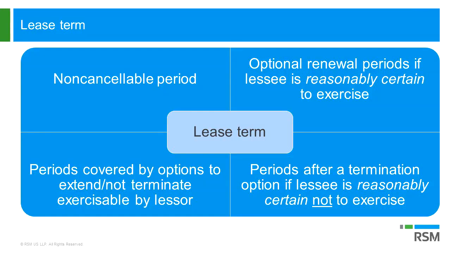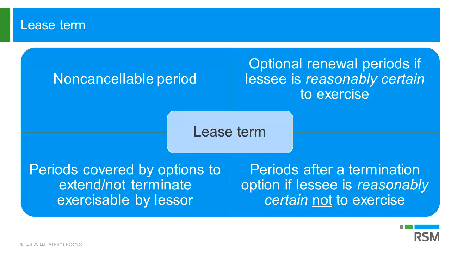Periods after a termination option if lessee is reasonably certain not to exercise. The term reasonably certain is to be interpreted as a relatively high standard or threshold and is generally interpreted similar to the meaning that it has in ASC 840, which is reasonably assured.